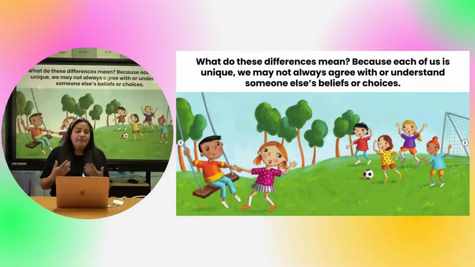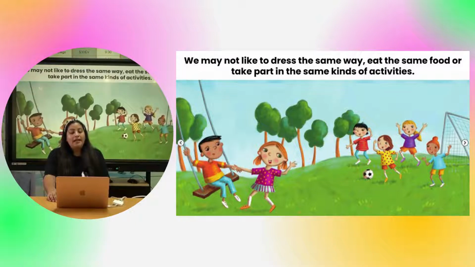And one friend, it doesn't feel like they're having fun. And the person that wrote the book wants us to know that it's okay to be different. It's okay to have some differences. We may not like to dress the same way, eat the same food, or take part in the same kind of activities, and that's okay.